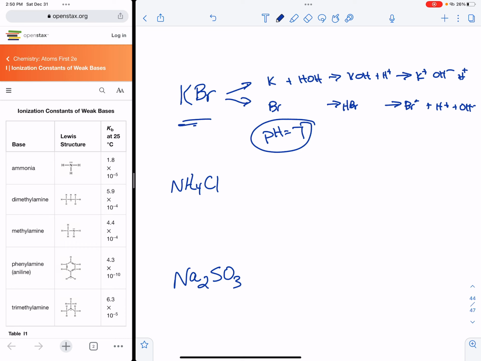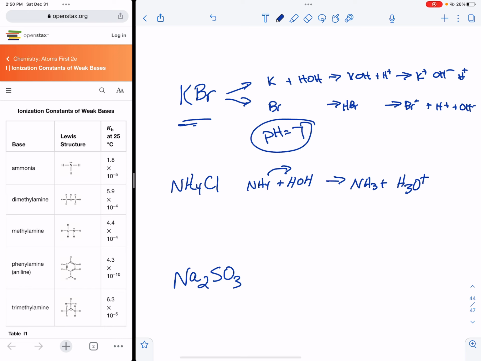And I do want to point out one other thing. I've got 2 more examples of the salts. So with the NH4, that's the part that's going to react with the water. And like any other NH4, it's going to be giving the water an H. So it makes NH3 and H3O plus, not OH minus. I can't count.